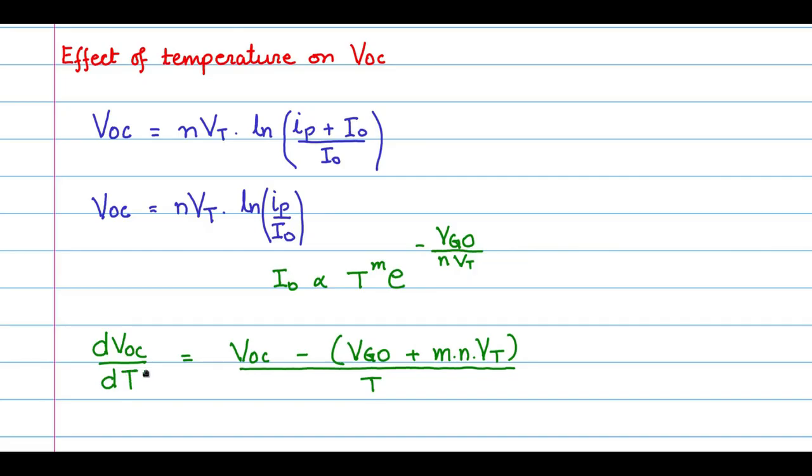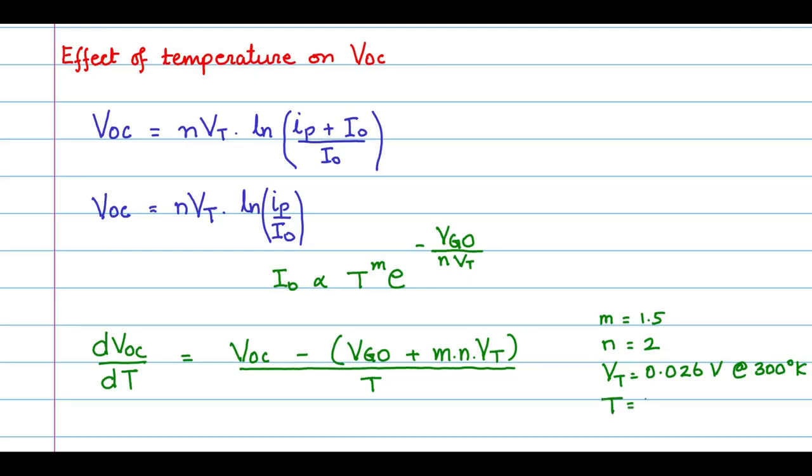Now if we take typical values for silicon, let us say for silicon, m is equal to 1.5, n is equal to 2, VT is equal to 0.026 volts at 300 degree Kelvin.